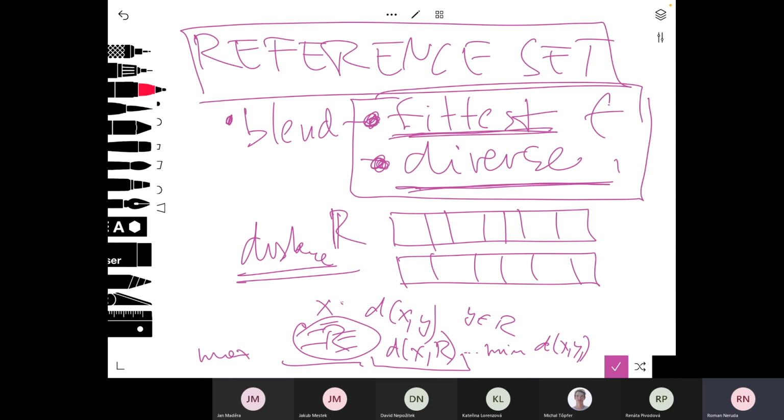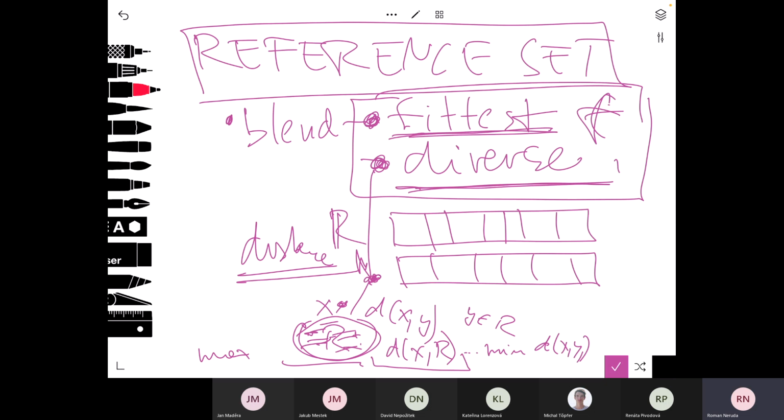So you want this guy to be farther away from the guys already in the reference set. So this one will be better than this one, right? So we're computing the distance of the candidate to go to a reference set, and we're trying to find the candidates that are far away from the existing reference set members, right? So that's the diversity. And the high fitness is the high fitness. So we want to actually combine these two things together.